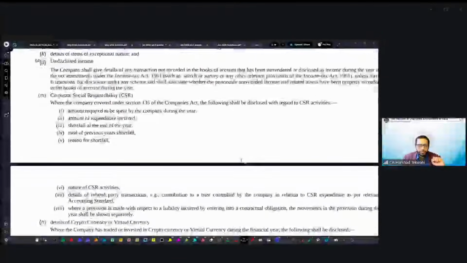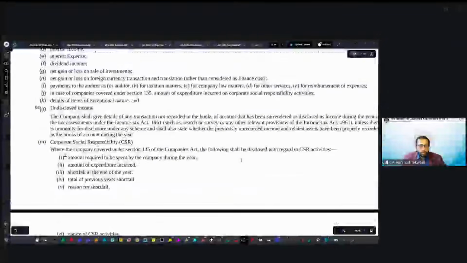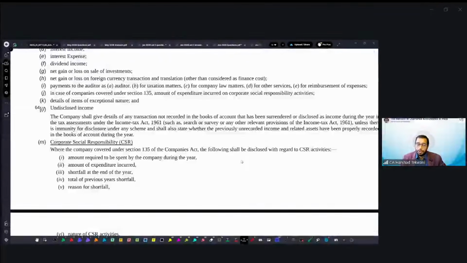Something that I'll show you. For example, CSR. If CSR is applicable to the standalone entity, and all the subsidiaries are outside India where CSR is not applicable, or for any reason CSR is not there, then for the purpose of such repetition you are not required to repeat the disclosure.